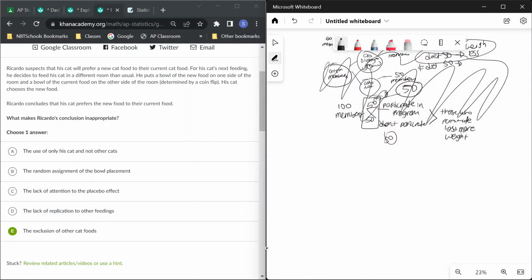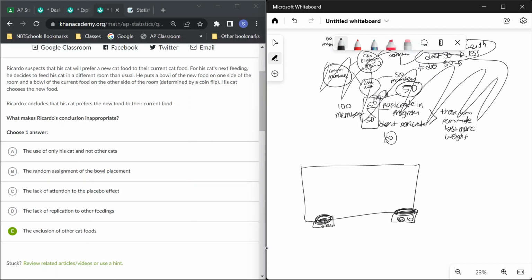Okay. So Ricardo says that his cat will prefer a new cat food to their current. So here's the room. Here's bowl number 1, here's bowl number 2. Let's say this is new and this is old.